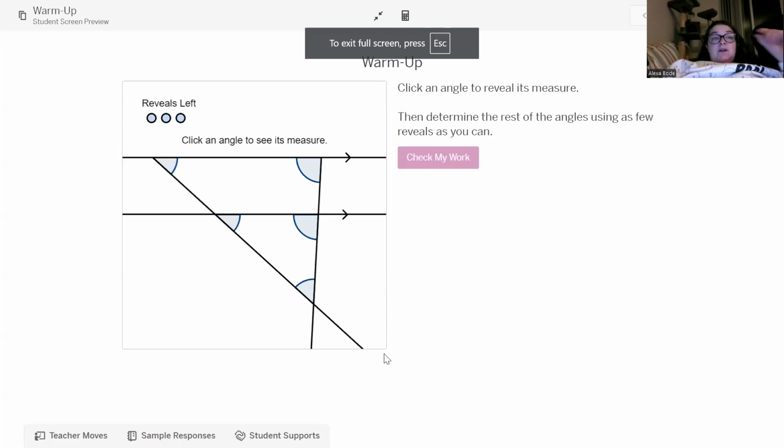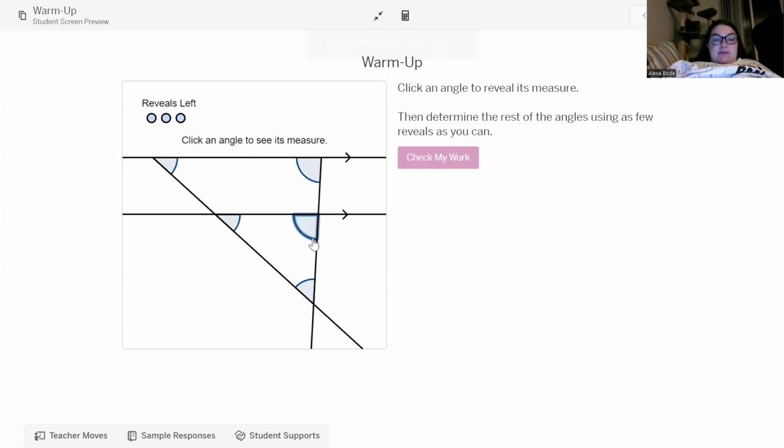So on slide one, if everyone can get on to slide one of the Desmos for today. Remember, we did this puzzling out Desmos a couple weeks ago, and you had to reveal some angles and figure out what the other angles are in the puzzle.